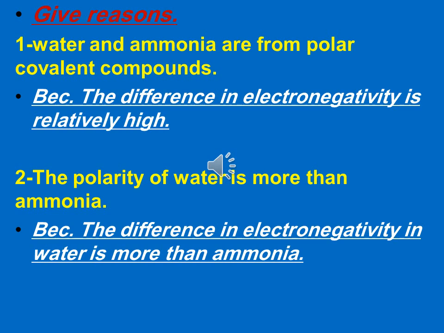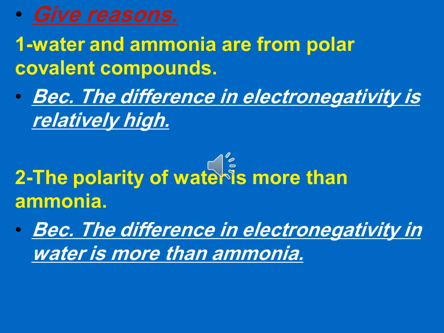The second, give reason: the polarity of water is more than ammonia. Why is water considered a stronger polar compound than ammonia? Because when we calculated the difference in electronegativity between the atoms, in water the difference was 1.4, but in ammonia it was 0.09.